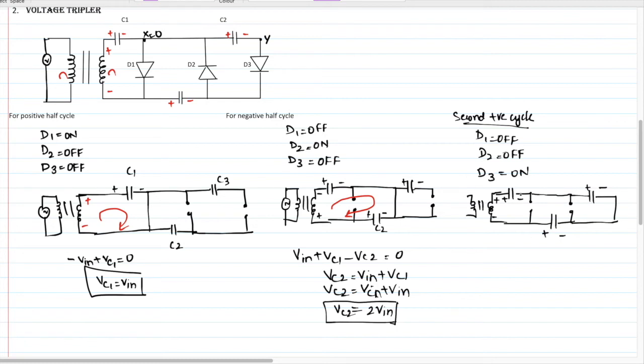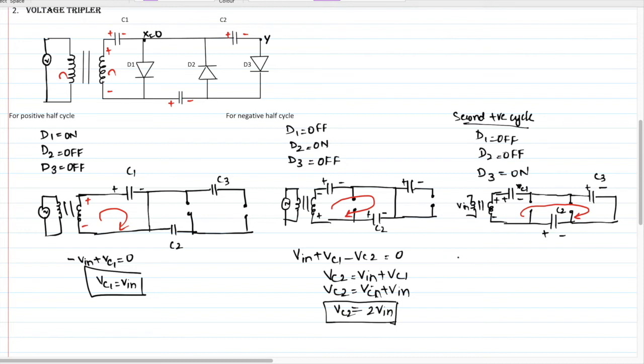Now if you apply Kirchhoff's voltage law in this direction, this becomes the entire circuit. This is capacitor C1, capacitor C2, capacitor C3, and this is the input V in.